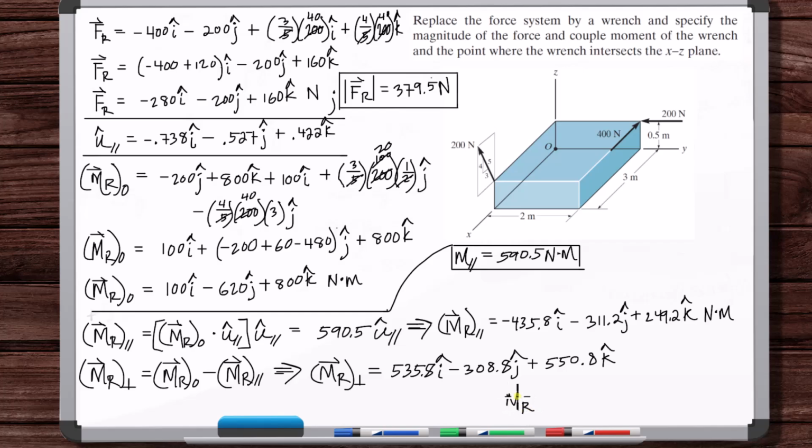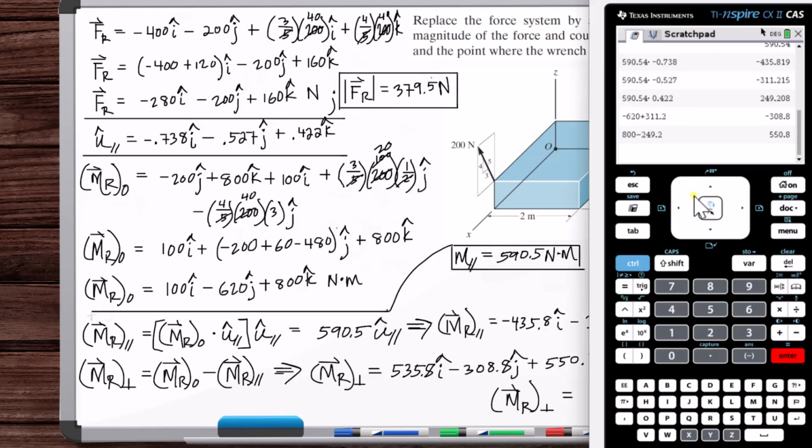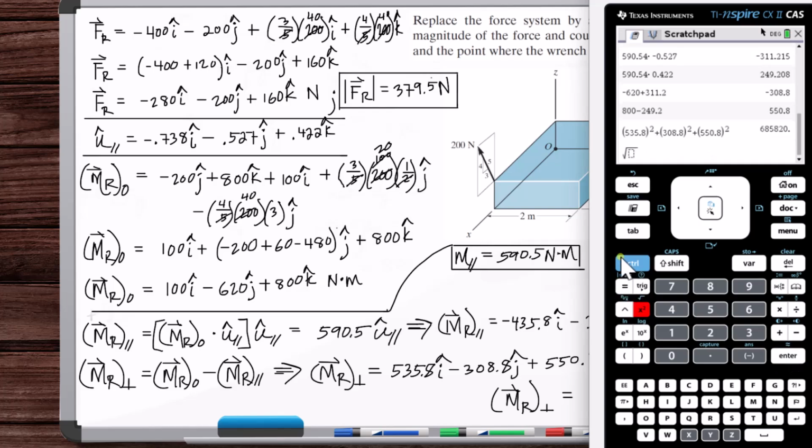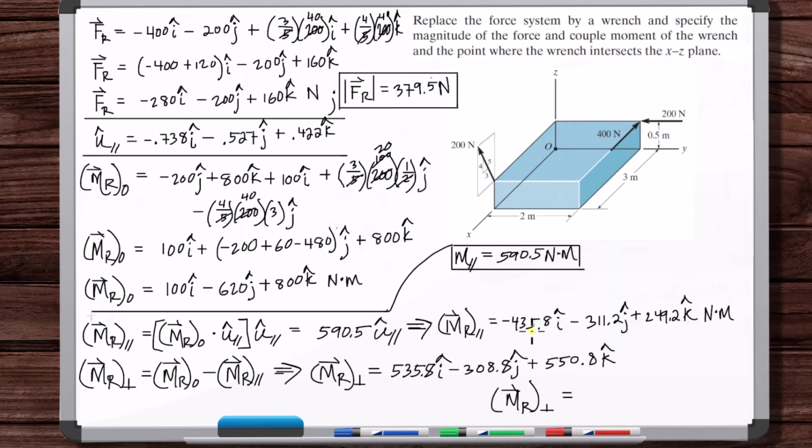We're going to need the magnitude of this. So we've got 828.1. And this is Newton meters.